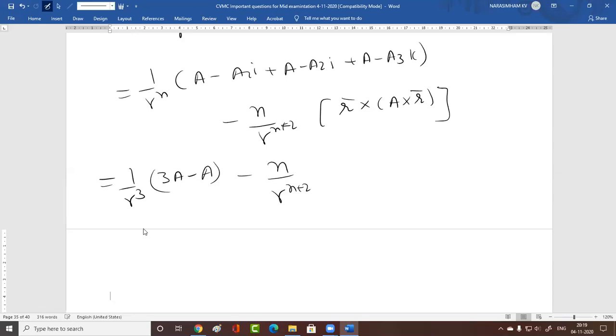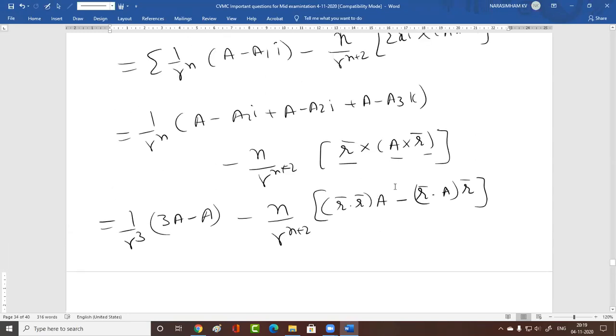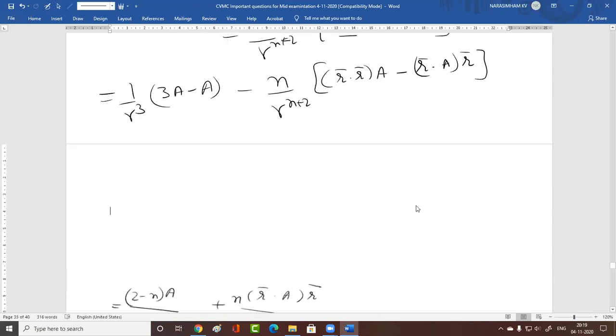Now we will apply the A cross B cross C formula. A, B, C. First r bar dot r bar into a minus r bar dot a into r bar. Okay, now it is correct. No doubt. R power n into 2a.